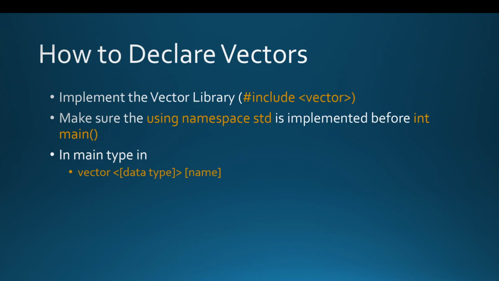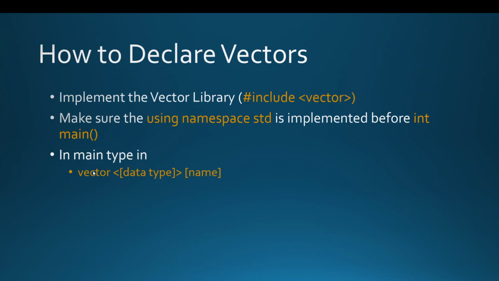In the main function, you type the vector keyword, and inside the angular brackets, you put the data type: int, double, string, char, float, and so on. Then you put the name you want to give the vector.